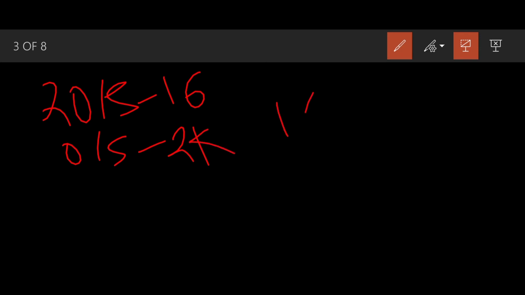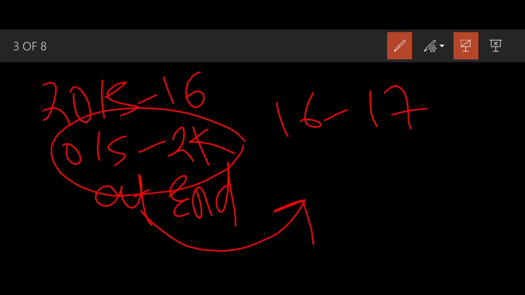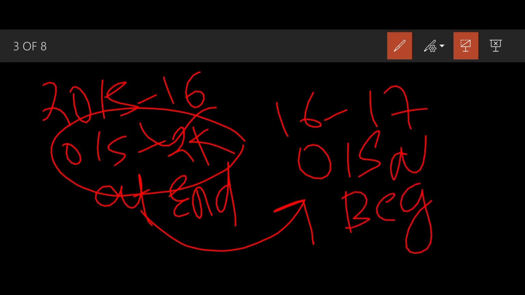Now when you come to 16-17, this was at the end of the previous year, but at the beginning you will pass a transfer entry for this amount, which will transfer this outstanding amount into this year. So in this year this outstanding becomes outstanding at beginning with 2000, right?